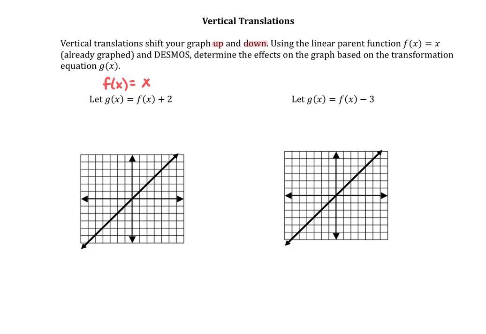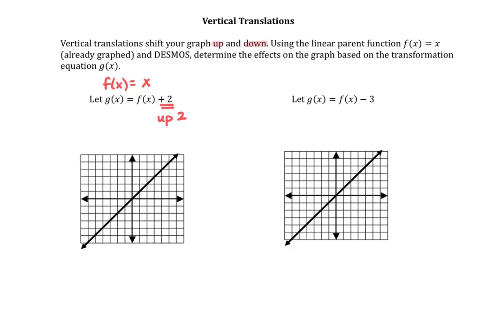On my second line, I'm going to type in g of x equals f of x plus 2. So what this is basically saying is my new function equals my original function plus 2. Now, if you graph these on Desmos, you'll be able to see that my line is shifting up 2. That's what this plus 2 means.